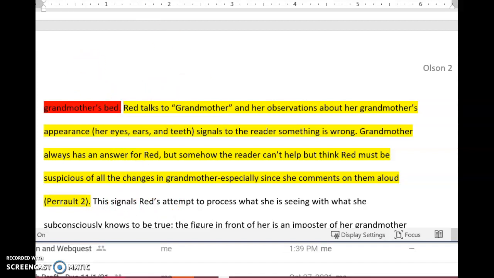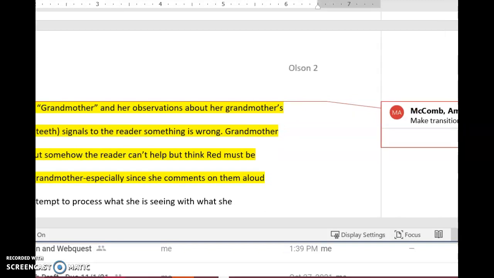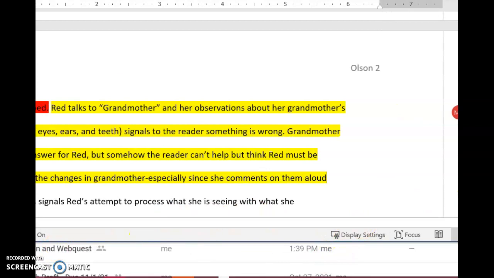So I'm just going to go up, insert, and insert a comment and write myself a note to make transition from context to evidence more clear. Okay, so I am going to do that. So that just, again, makes it a little bit easier when I go back to revise.